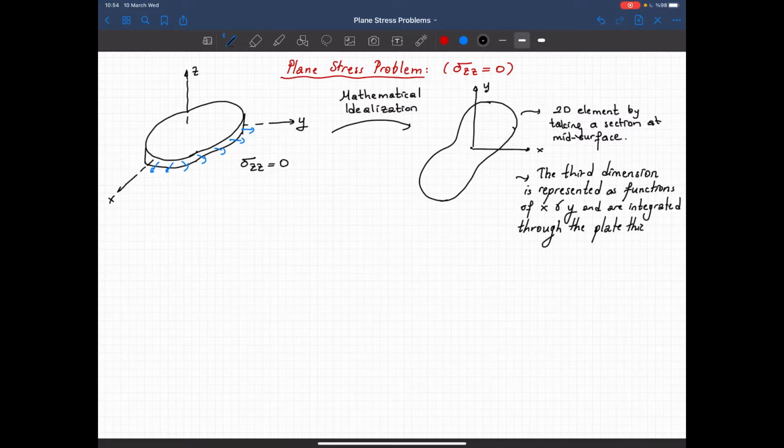So basically what we are doing is representing a member that has some depth, but the depth is very small when compared with the other two dimensions. We idealize it by a single two-dimensional element by considering only the mid-plane. So we have a surface, that's our plate domain, and we have a plate boundary.